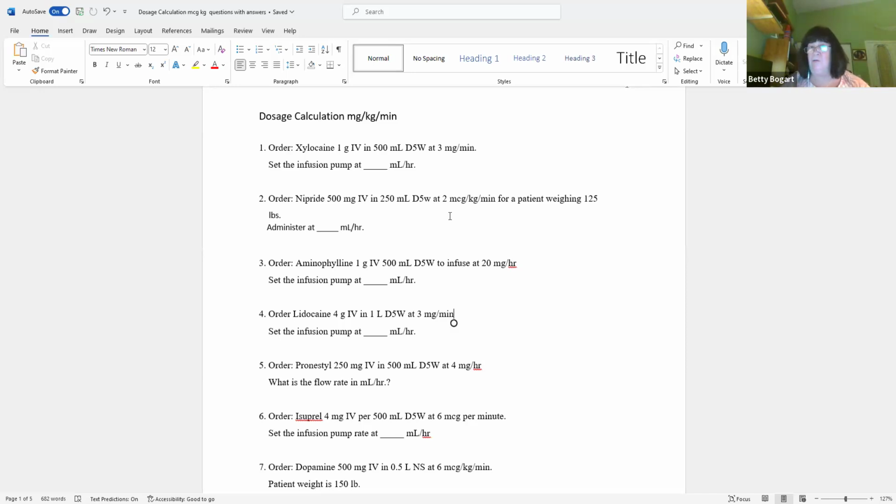That's how easy it is to do mics per kilo, milligrams, micrograms, units, microunits per minute, per hour. It does not matter. Again, it's a dose to be delivered.